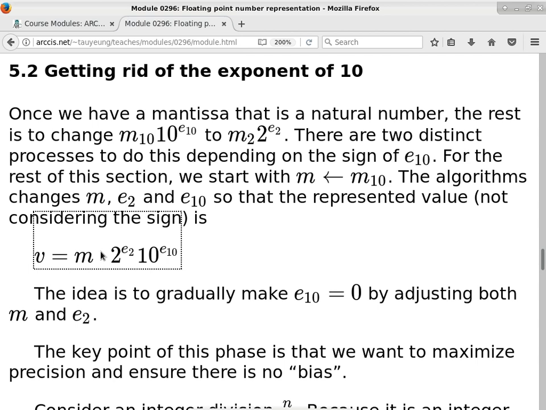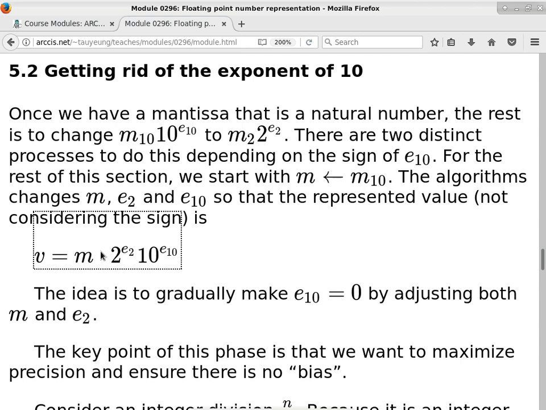If E10 is positive to begin with, we want to decrement it, but as we decrement E10, we have to make adjustments to M and also E2. But the idea is eventually we want E10 to be gone, to become 0. Is that okay or not? Okay. Any questions?